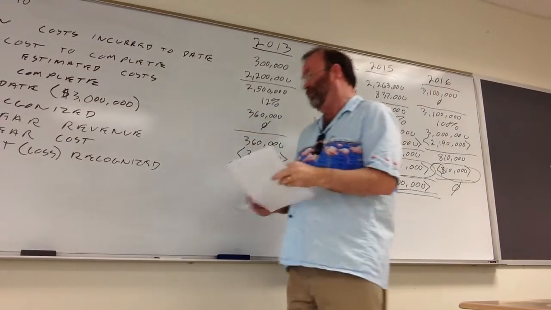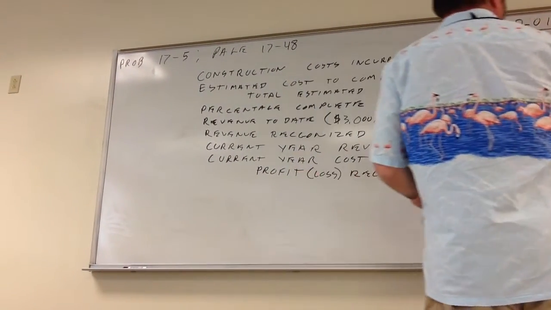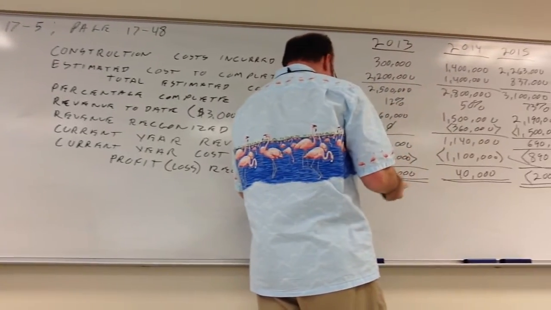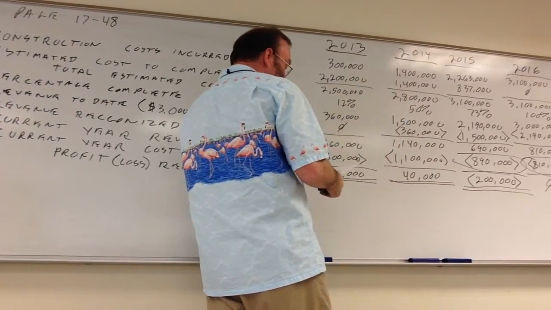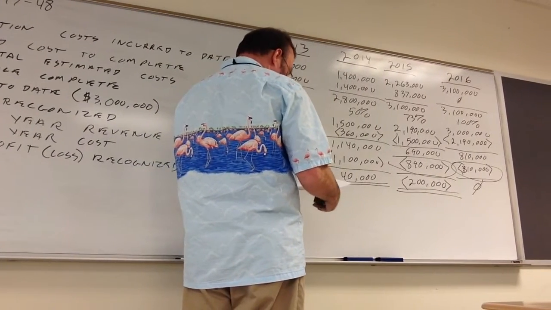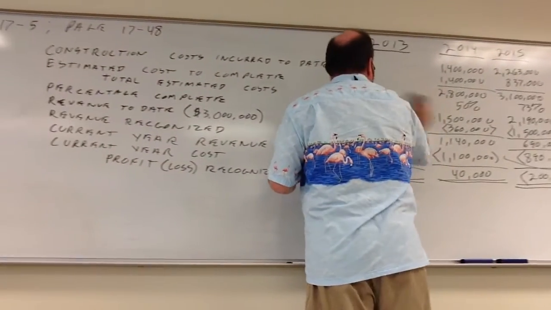I'm guessing. All right, let's do one last one, because then, once I calculate the numbers, I want to show you the journal entries that you need to do. It's a 3-year project, but I'll show you the journal entries.